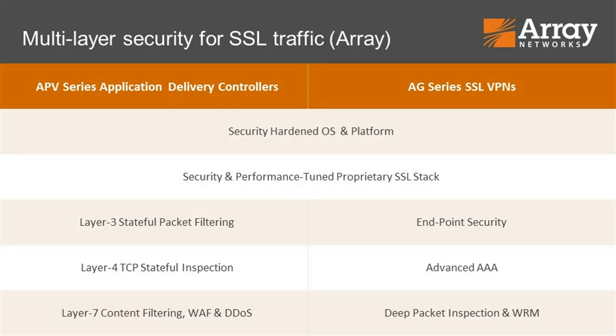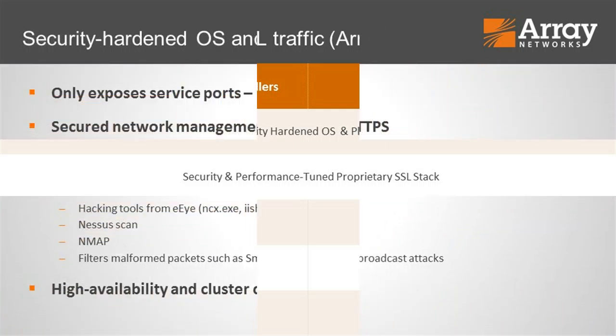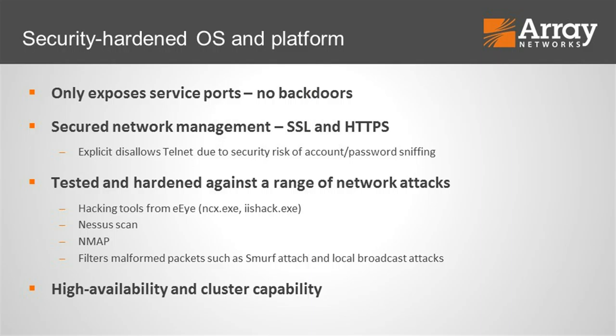So this just kind of lays out each side here. So we have our APV series, which is our application delivery controllers or load balancers on the left. We have the AG or access gateway. These appliances, as I mentioned earlier, that the OS is proprietary. It's fully hardened.